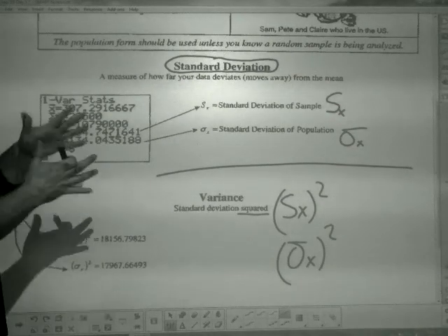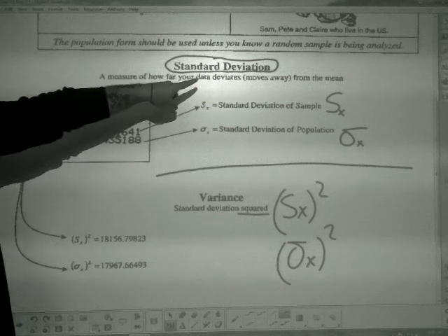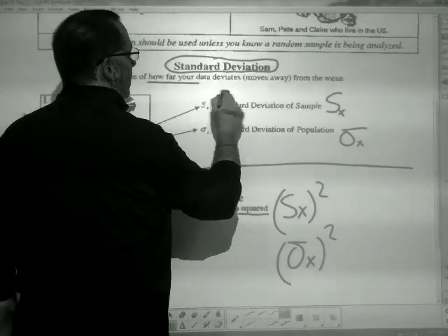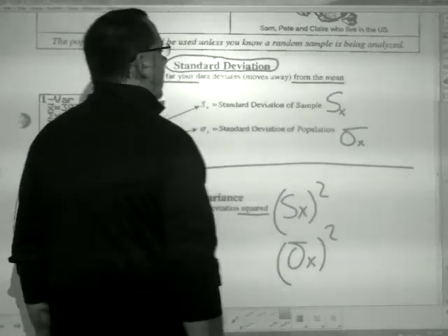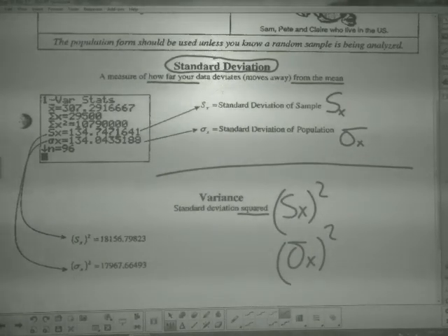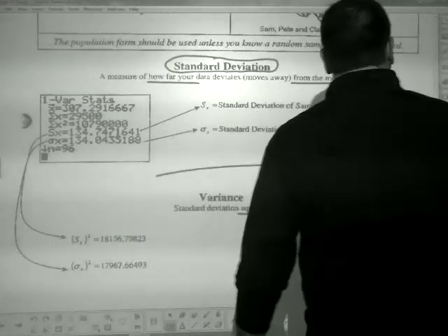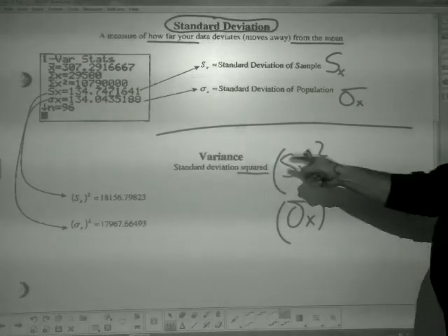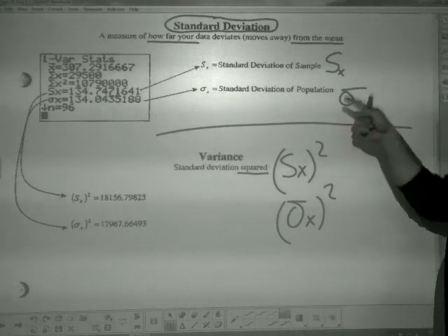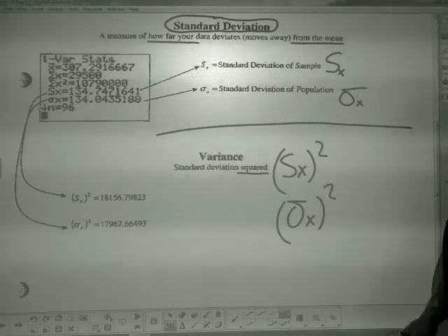It's a measurement of how far your data is from the mean, on average. Variance doesn't come up too much on the test, but it is the standard deviation squared. You take this value, either one, whatever you're working with, and square it, and then you have variance.